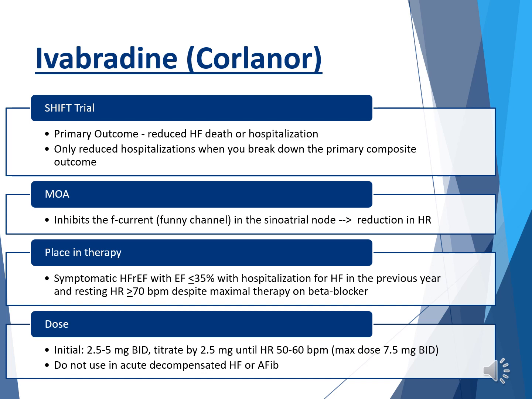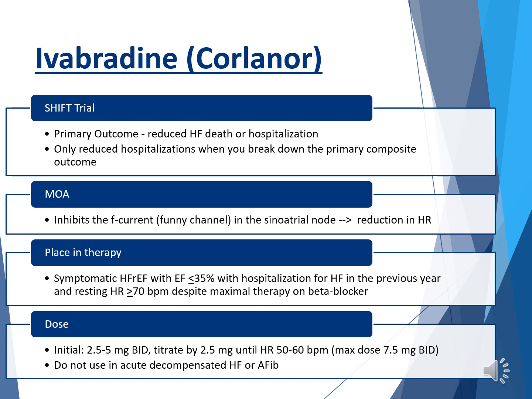Where you would see this is in our symptomatic HFrEF patients with an ejection fraction of 35% or less who have undergone a hospitalization for a heart failure exacerbation in the previous year, and they have a resting heart rate of 70 or greater despite the fact that they are on maximum beta blocker dose.